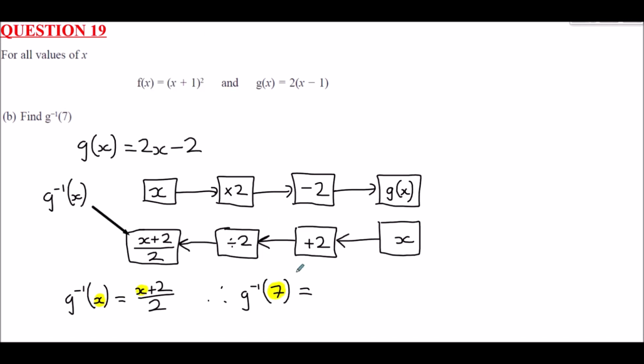So g minus 1 of 7 is now 7 plus 2 divided by 2. 7 add 2 is 9, and 9 divided by 2 gives us 4.5. And that is g minus 1 of 7. The answer is 4.5.